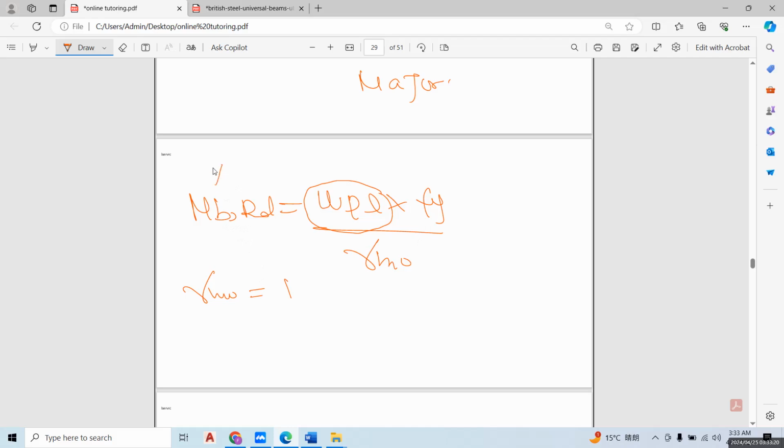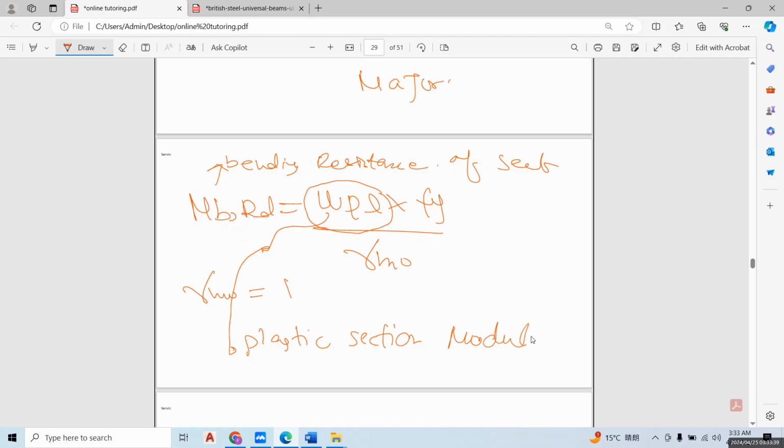This is your plastic section modulus. This is your yield strength.